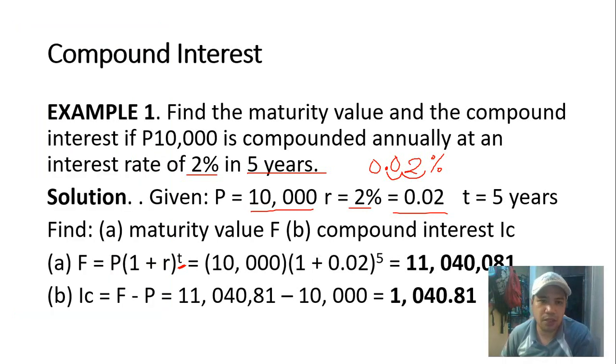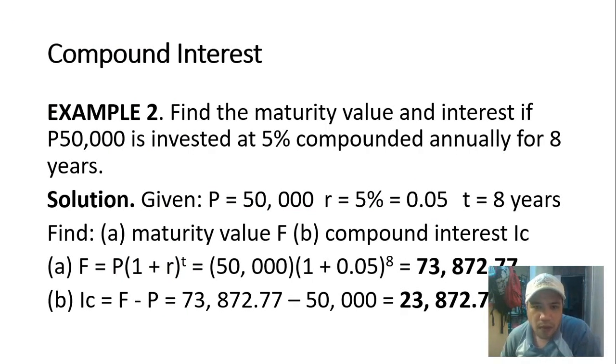Okay, so that is the first example. Example number 2. Find the maturity value and interest if 50,000 pesos is invested at 5%, compounded annually for 8 years. So 50,000, 5%, which is 0.05, and in 8 years time.